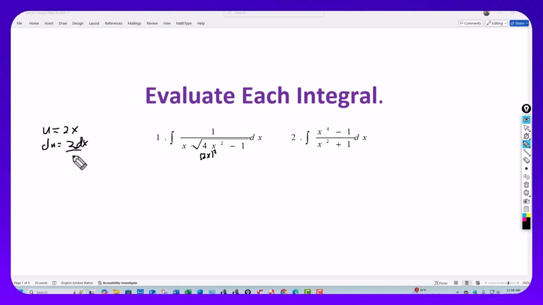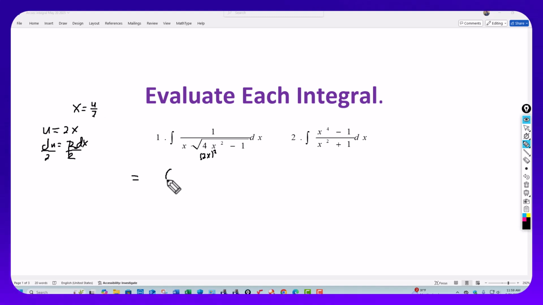Divide through by 2. This cancels here. Puts it over here. Now, can we write this in terms of u so it looks like one of those special integrals? But the 2x will be replaced by u. And of course, from this right here, we can see that x can be replaced by u over 2.